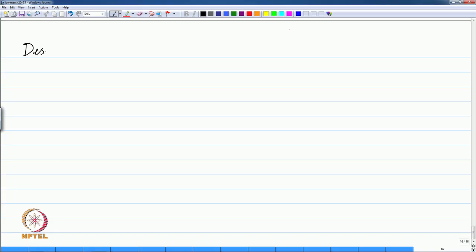Okay. So, we have been looking at description logics. Some people say logics of noun phrases.